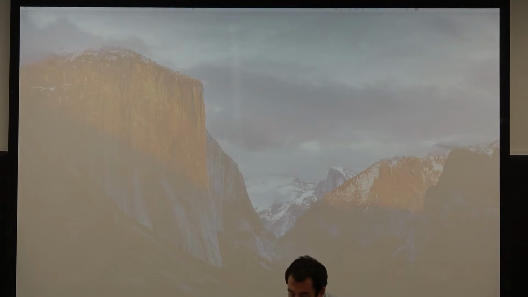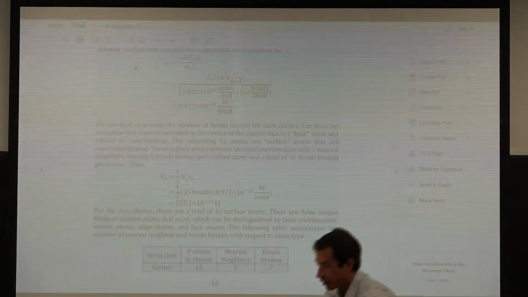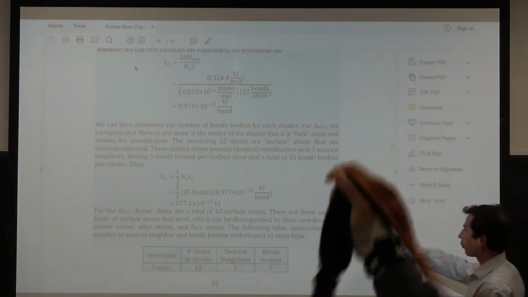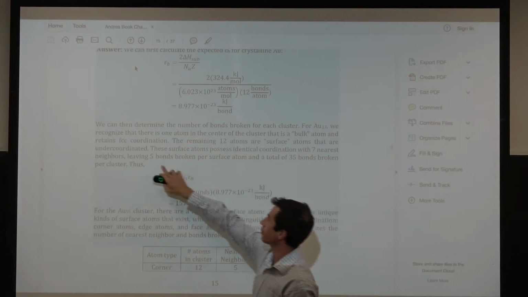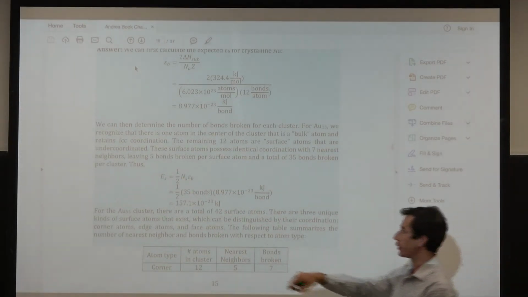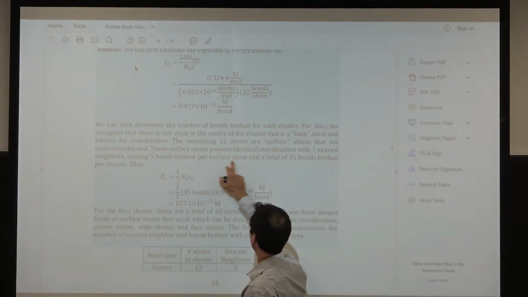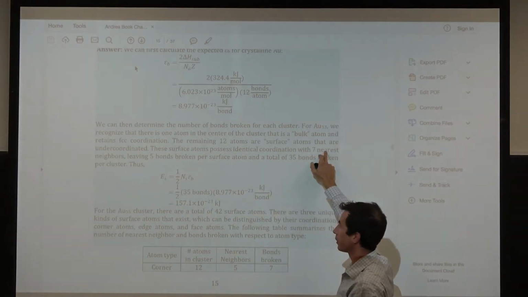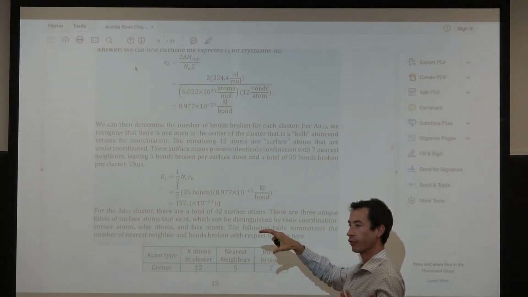This is a question in the book on Andrea Tao chapter, page 14 and 15. So if you're just studying in general, be aware that there's an issue here. Here, this is correct. It's talking about a face-centered cubic example, and it says there's 5 bonds broken per surface area, 7 adjacent nearest neighbors, okay?